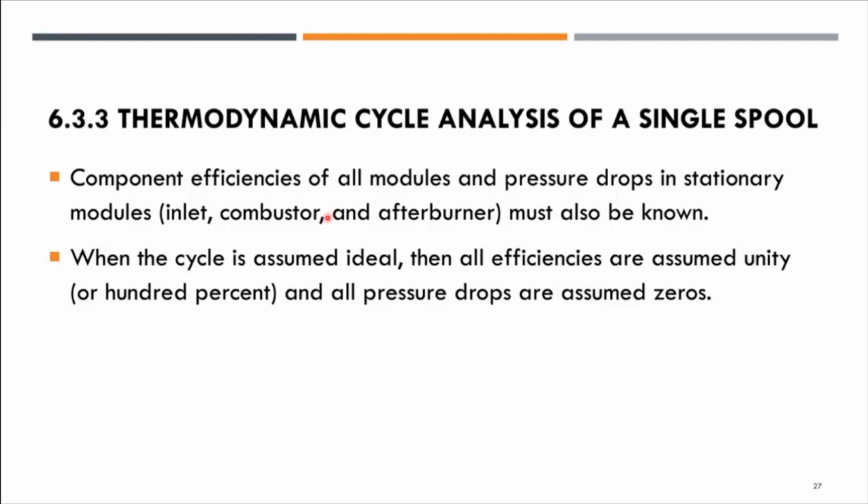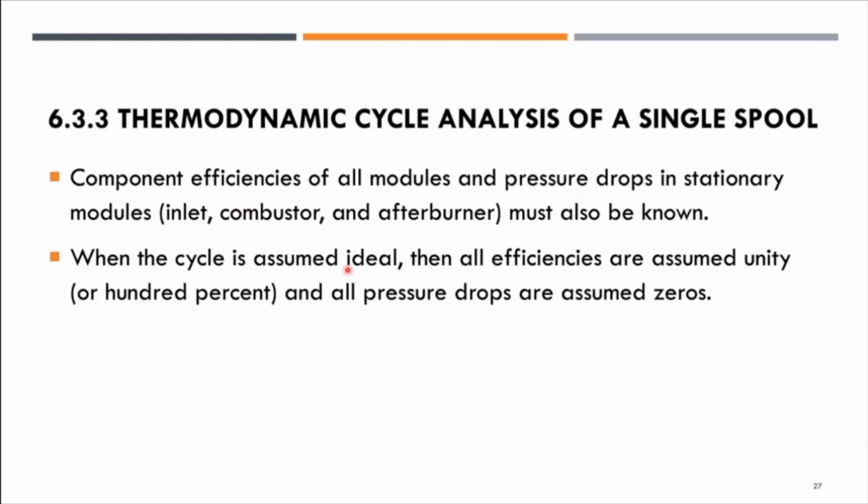Component efficiencies for all modules, and pressure drops in stationary modules such as the inlet, combustor, and afterburner, must also be known. Normally in the problem solution, you will be provided with the component efficiencies in order to obtain the thrust from the engine.